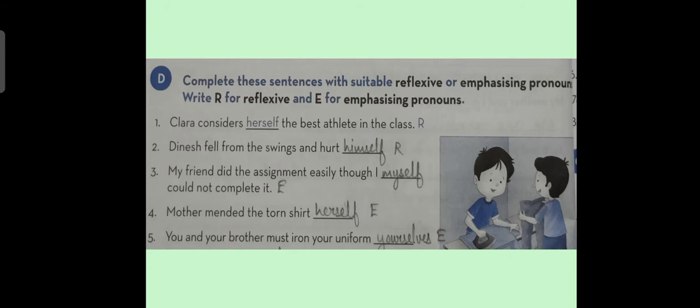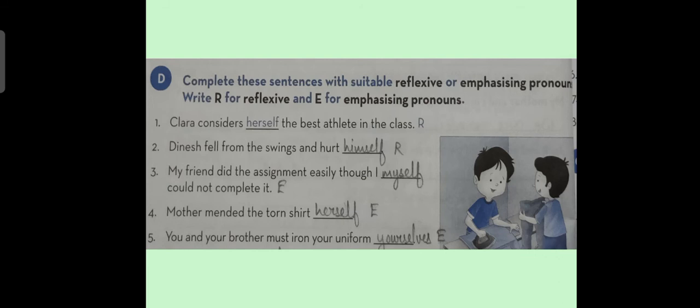That's why we have written that the word myself is an emphasizing pronoun, while in the second sentence, when we were talking about Dinesh, the word Dinesh was far before the blank. There is a lot of distance and there are many words between Dinesh and the blank. That's why we came to know that it is a reflexive pronoun.